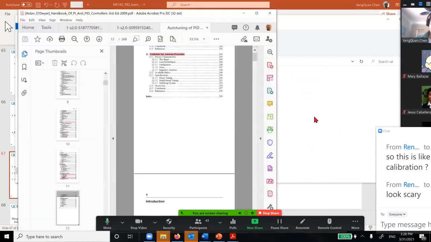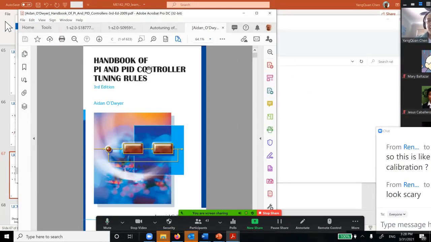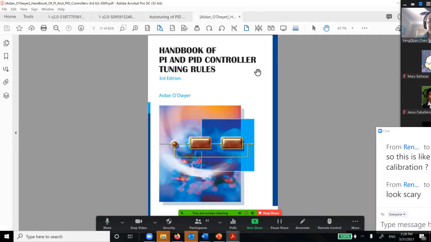So I'm going to show you a book. Can you see this? This is a book called Handbook of PI and PID Controller Tuning Rules. This is a book with a collection of all existing tuning rules. And how many pages? 623 pages. And it's in the 3rd edition, so it's constantly adding new rules into it, okay?